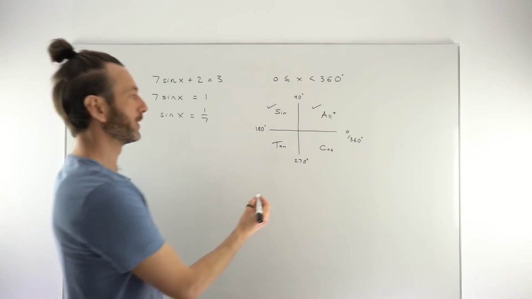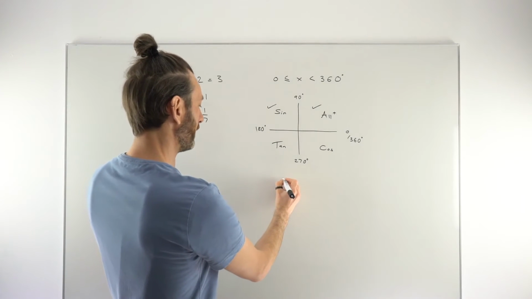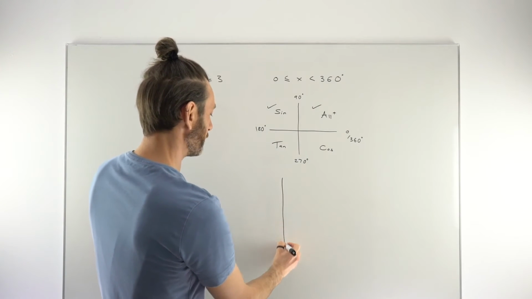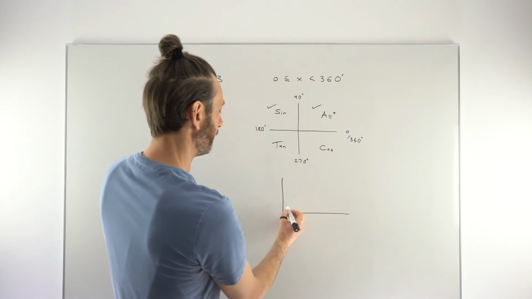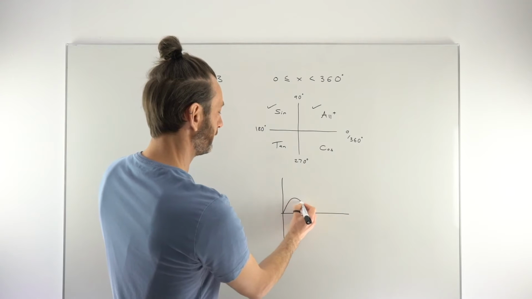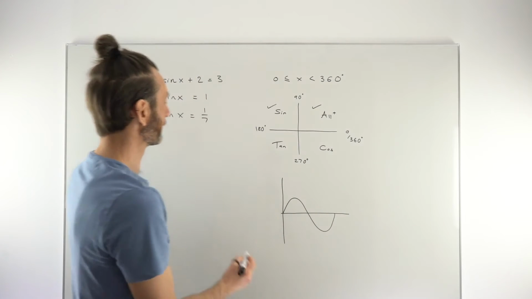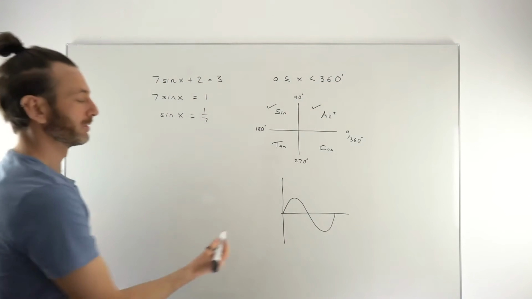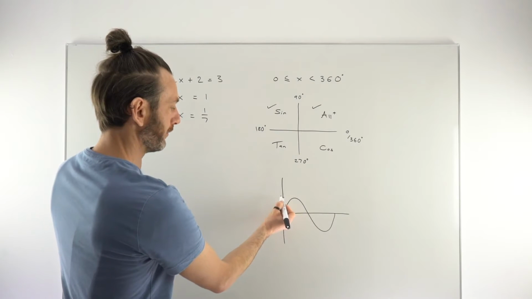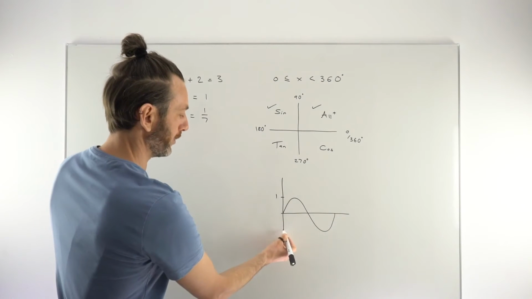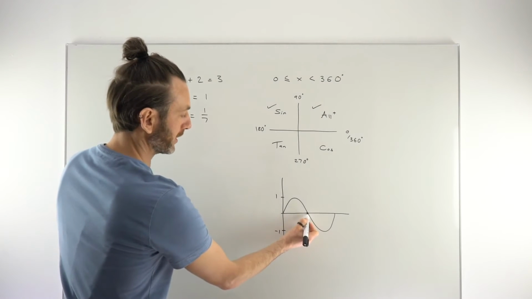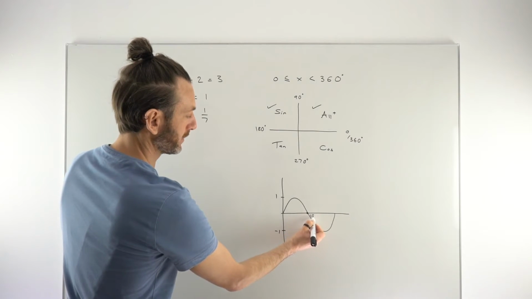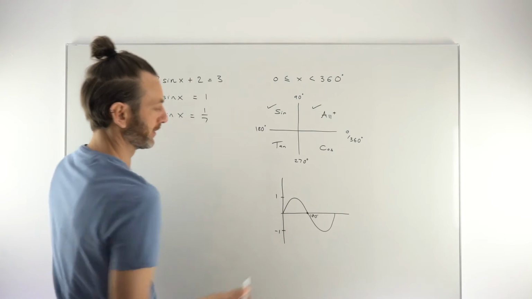And all the CAST diagram is really doing is giving you another way of thinking about this information on the graph of the function. Just to quickly show you this, if you draw a sine graph, because we're dealing here with a sine function, remember the highest point, the maximum value in a sine graph, is 1, the lowest point is at minus 1, this point in the middle is at 180 degrees, and then the end point is at 360.